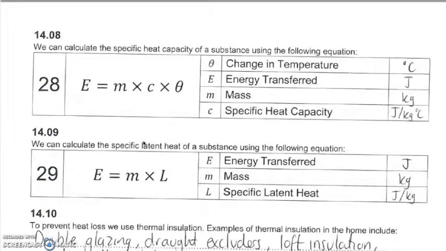So, what is the equation for the specific heat capacity? Well, here we go. The energy transferred is equal to the mass times c, which is the specific heat capacity of that particular substance, times the change in temperature. Okay?